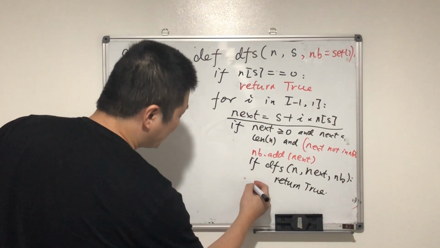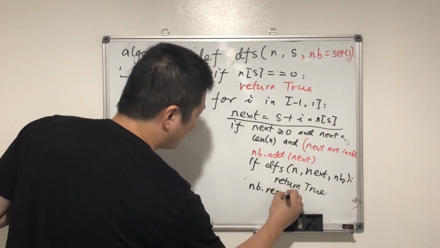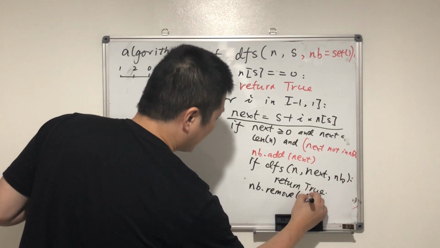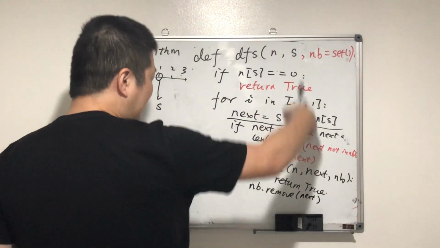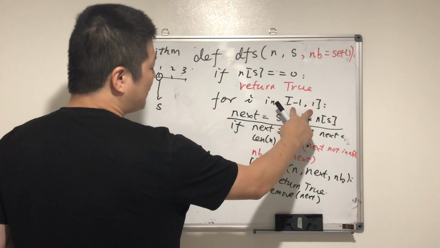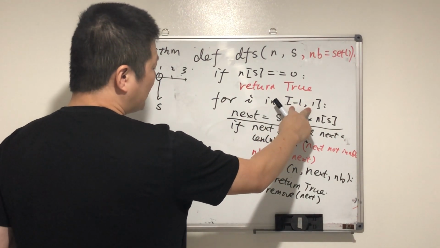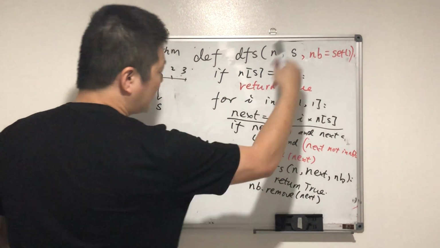Now, remember, we need to remove this position, remove this visited, so that the next time, because there are two possible steps, I need to remove this for the next move, right?